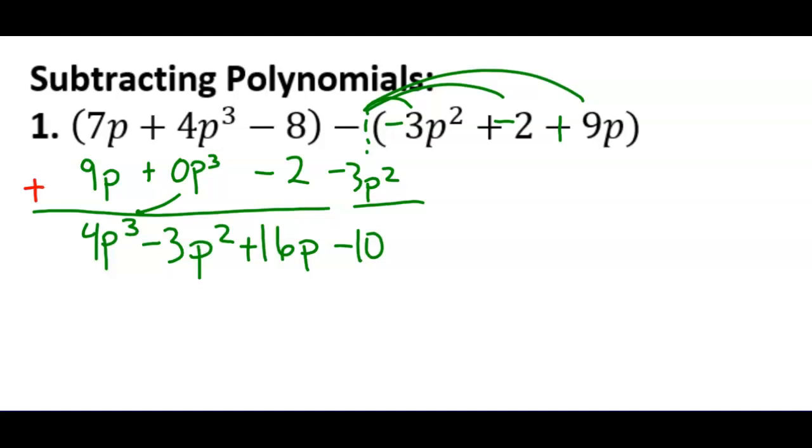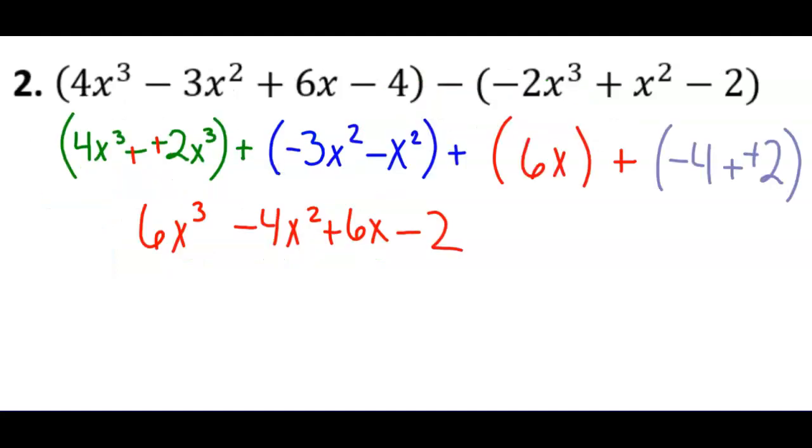Right? For number 2, if you group them together, you would have got 4x cubed minus -2x cubed, so it changes to plus plus, giving you 6x cubed, -3x squared minus x squared gives you 4x squared.